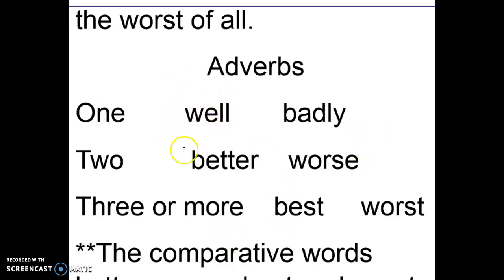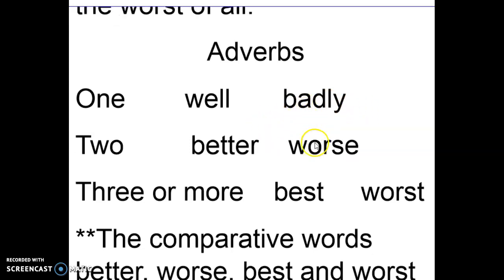So you obviously know that well is an adverb, so if you're comparing one thing, she played well, that would describe how she played, and it's the adverb modifying played. Badly, she played badly. Again, that's the adverb that modifies played.